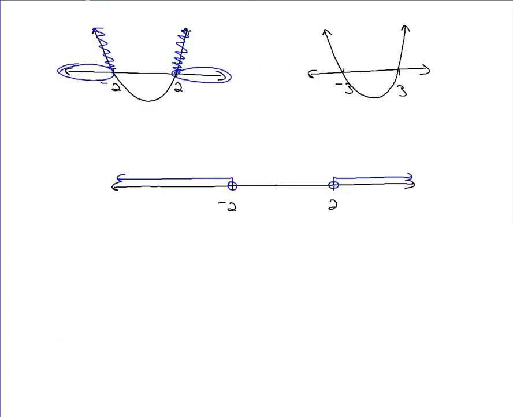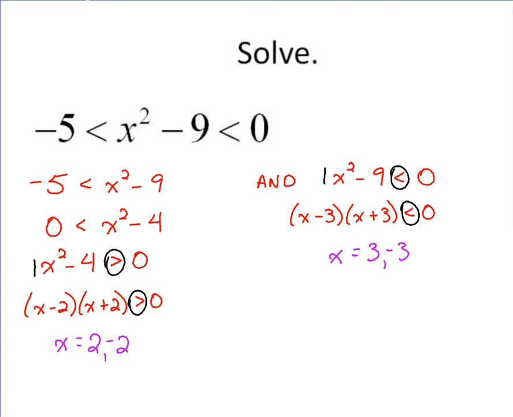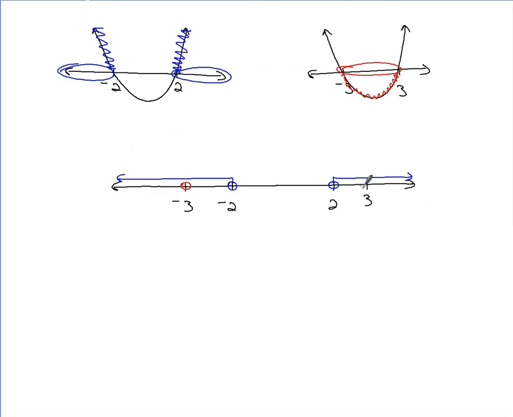So, let's use a different color here, you want the bottom part. You want everything in here. So let me translate that down to my number line here. It's kind of my big summary. I've got negative 3, I've got 3. For this guy up here, we decided everything between negative 3 and 3 would work, and it's just less than, so we're not including those. Okay, shading everything in between.